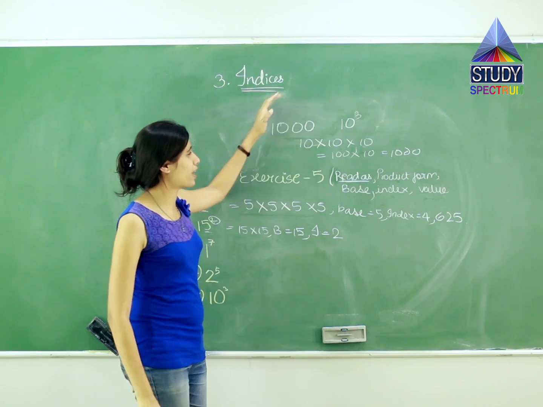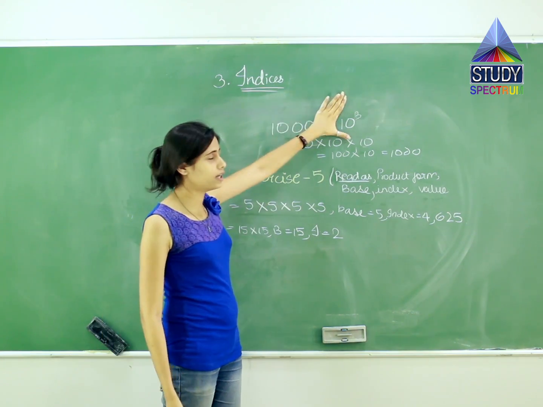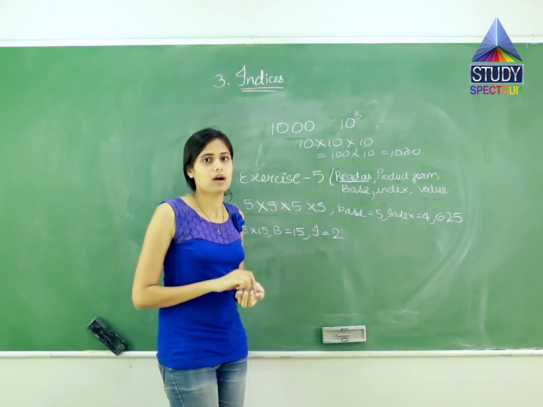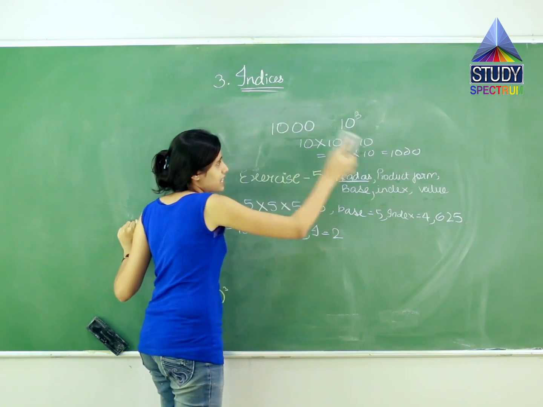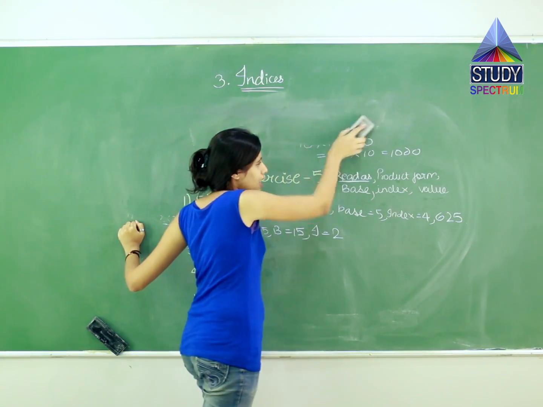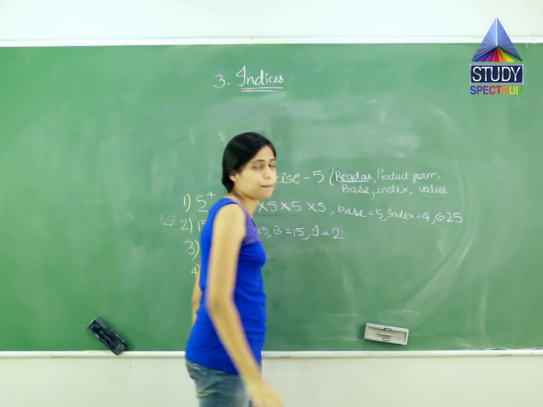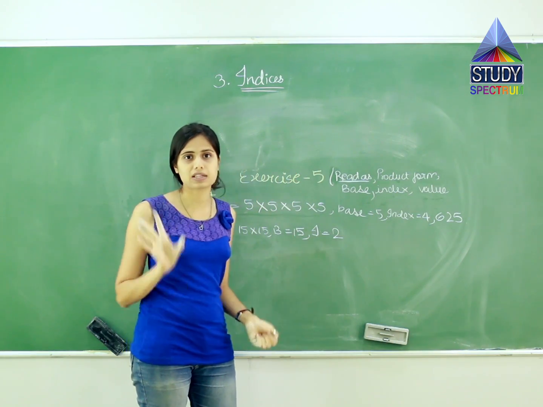Instead of writing 1000, I have written 10 raised to 3. It is a simple form to write so that it occupies less space. Now the number is smaller, but when the number goes on increasing, index form helps us to simplify the space required.